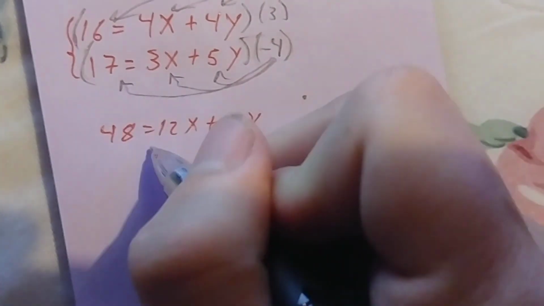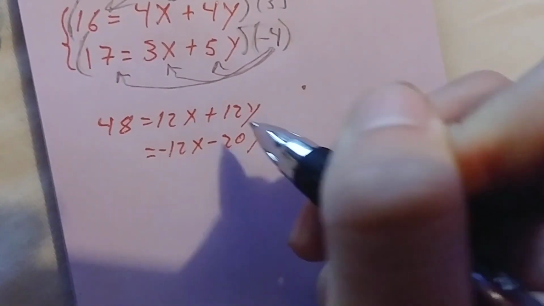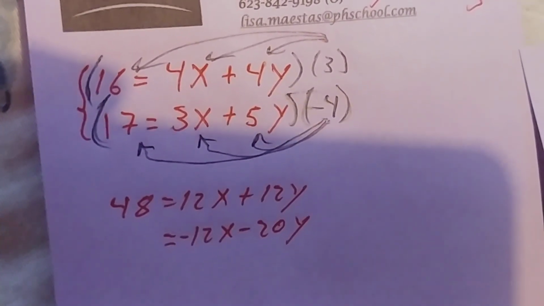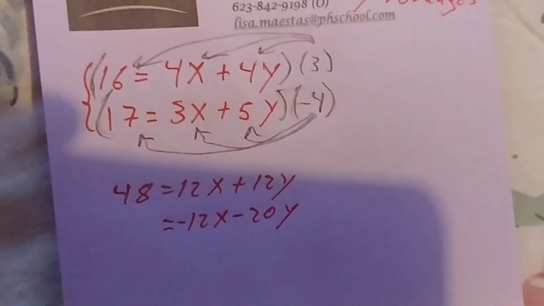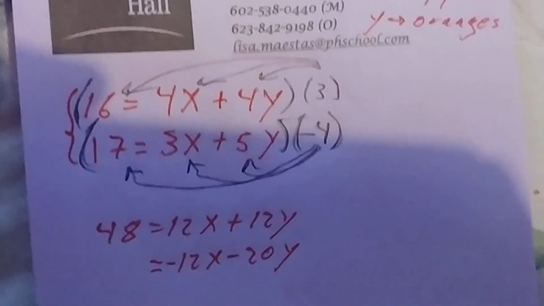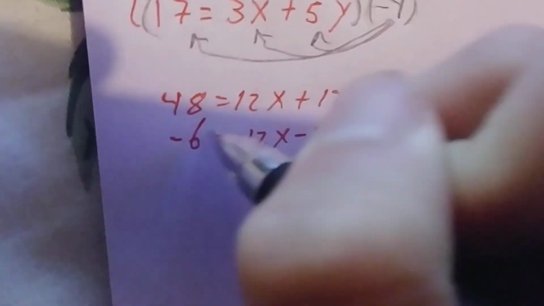Now -4 times 3, that's -12x minus 20y. And then we've got -4 times -17. That gives me -68.